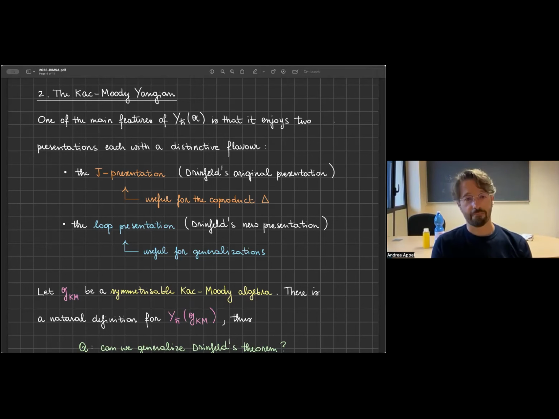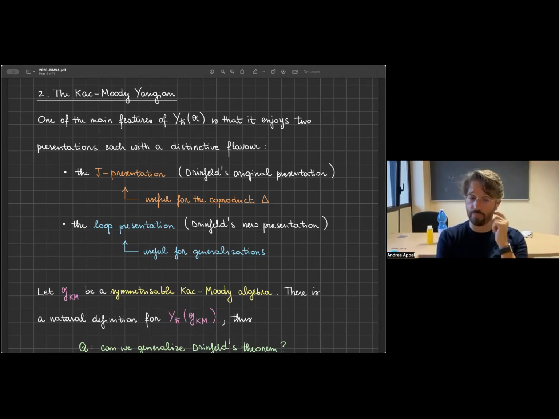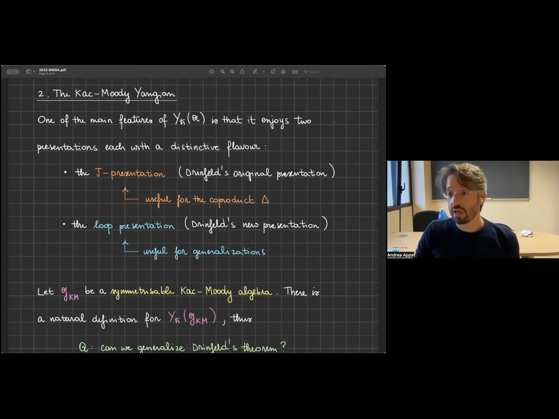So the original presentation was the so-called J presentation. This way of presenting the Yangian was very useful, in fact, to give it a Hopf algebra structure. So the coproduct is actually expressed and proved to exist in this presentation.